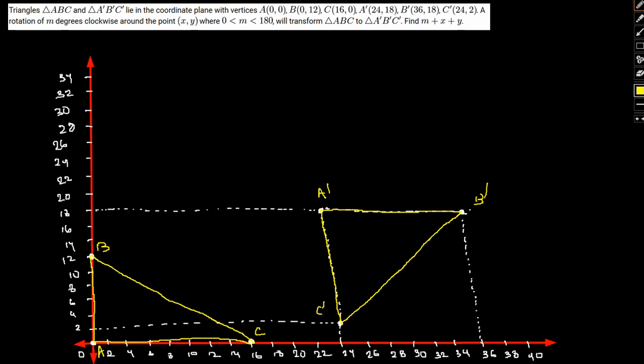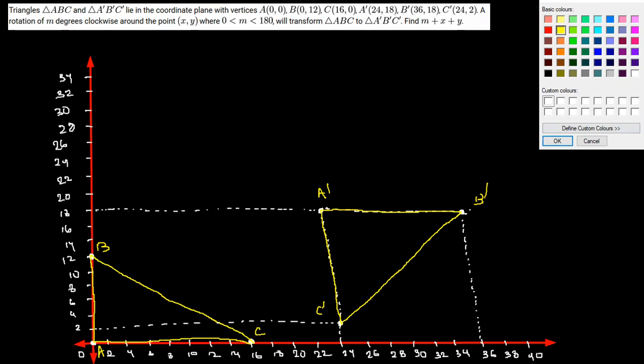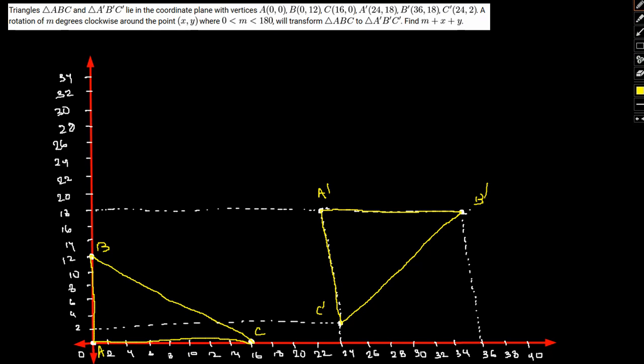Here, once we are done sketching, it is clear that we have basically rotated it by 90 degrees. A went up, B went this side.